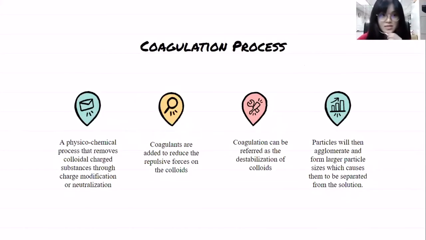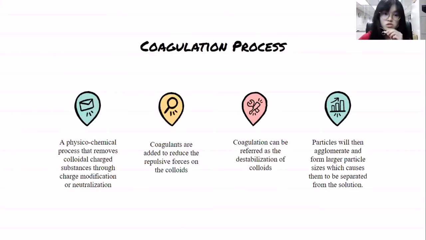Hi everyone. Now I would like to talk about the coagulation process. Coagulation is a physical-chemical process that removes colloidal charged substances through charge modification or neutralization. It is a separation process whereby the repulsive forces on colloids are reduced through charge modification by incorporating specific chemicals known as coagulants.